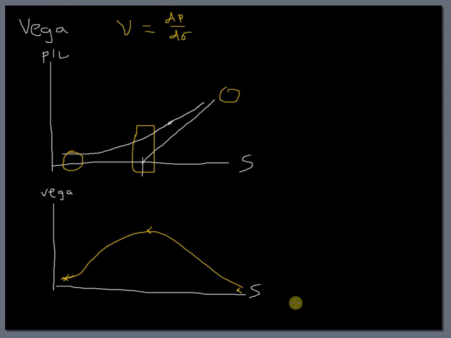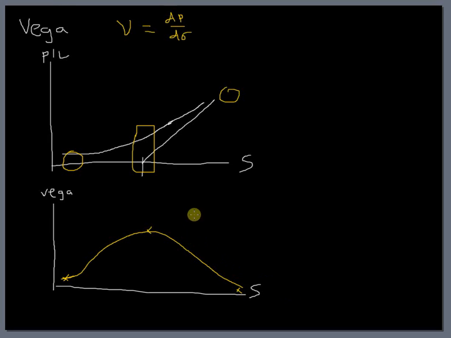Okay, and imagine that you compare two options. Everything is the same except the time to maturity. One is say 6 months to maturity, and one is say 1 day to maturity. Which vega do you think is higher?